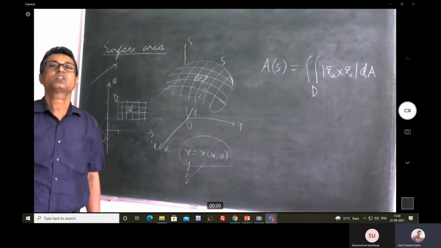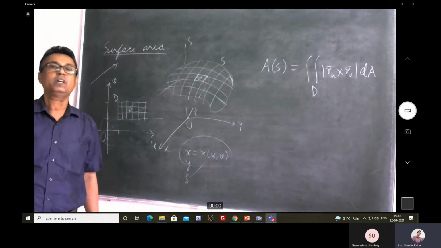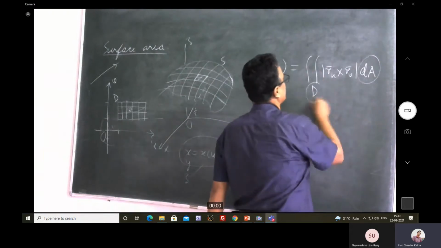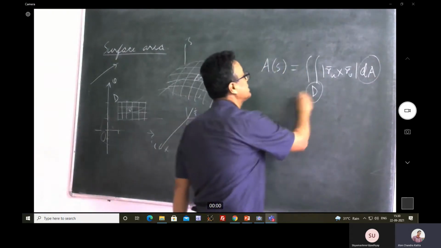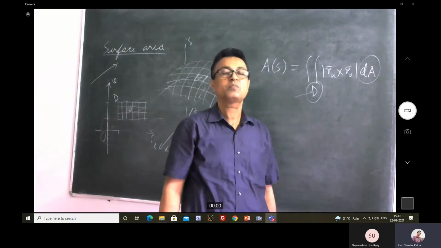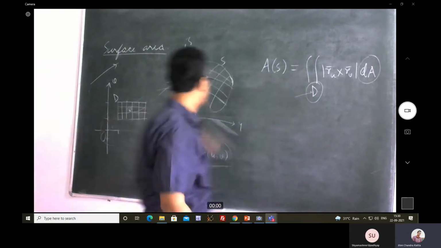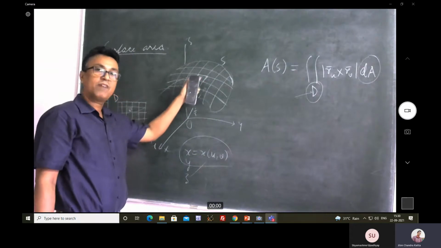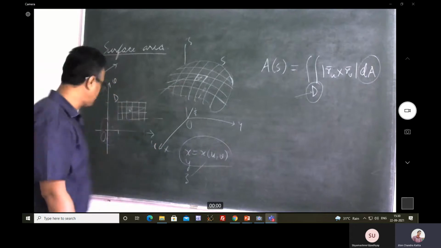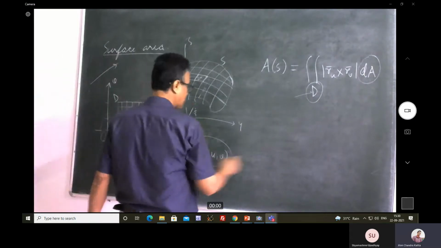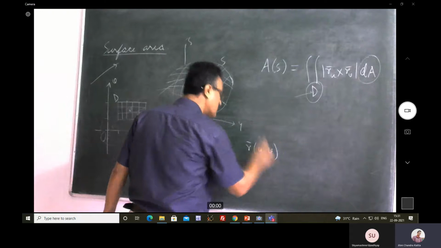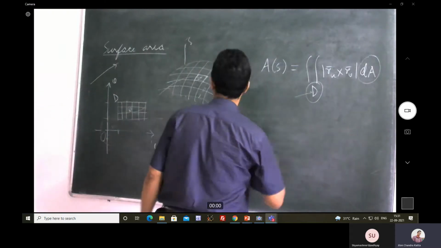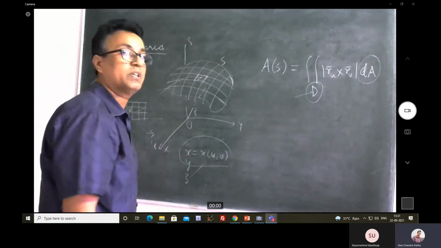It can be any general region in R2. So dA and D, you shouldn't take D to be a rectangular domain all the time. It is going to depend upon how the surface has been defined, or how you can define this surface in terms of R(u,v). I will do 2-3 more examples, then it will be clear to you.